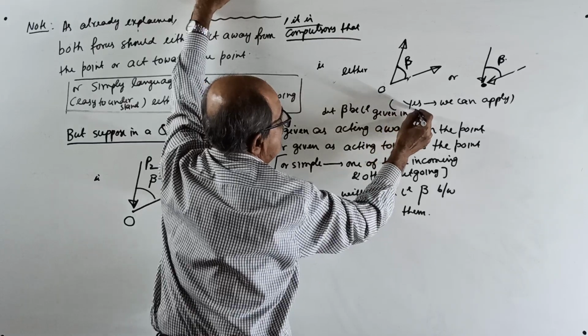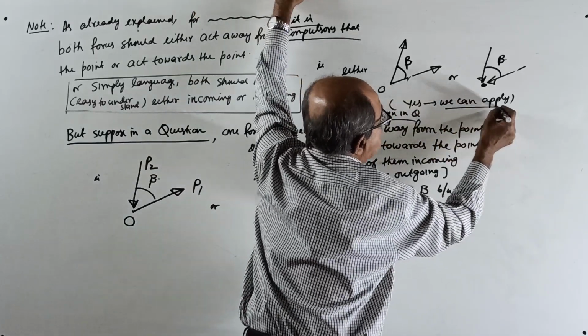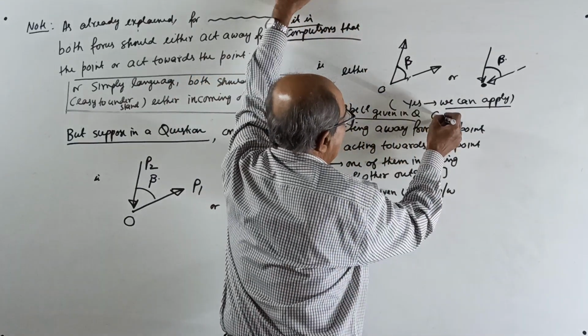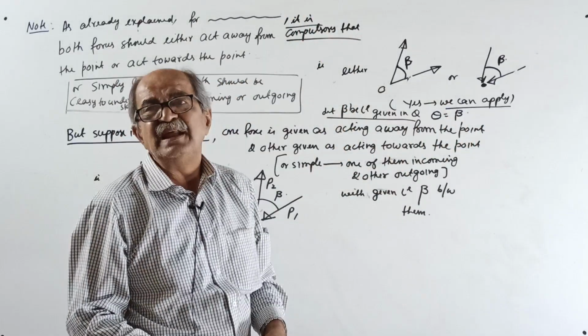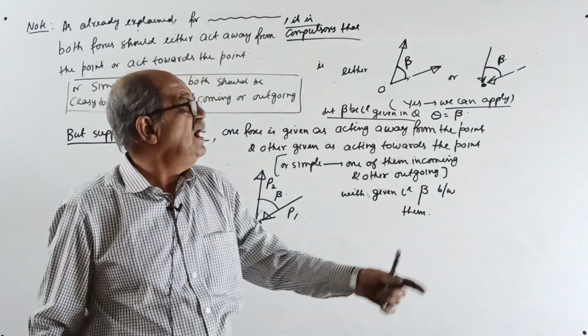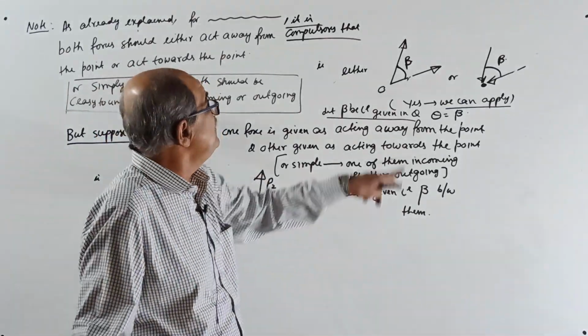Yes, then we can apply the law. Then your theta will become beta. Beta means some angle they are giving. In our expression for R and alpha, we use theta. That angle theta should be substituted with this given angle.